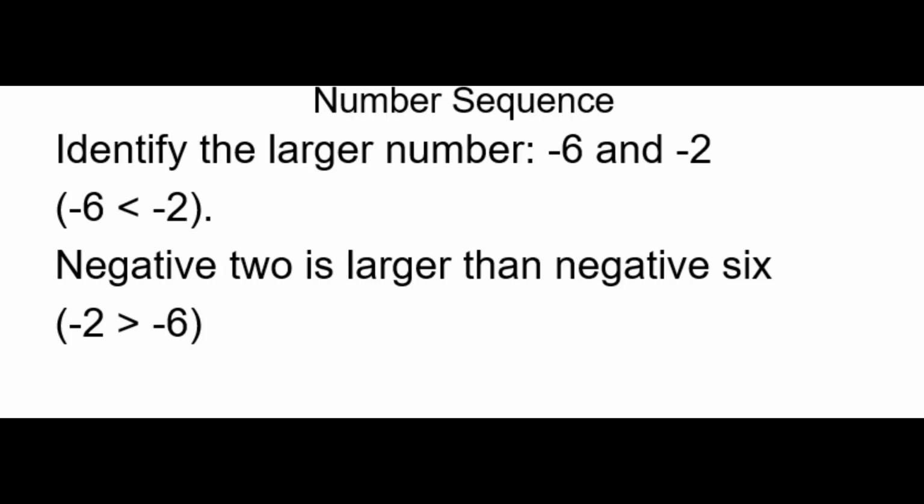For this one, it says identify the larger number, -6 and -2. So -6 is less than -2, based on this presentation here. Now, -2 is larger than -6. So here I just wrote -2 is greater than -6. So it's showing you that -2 is bigger than -6.